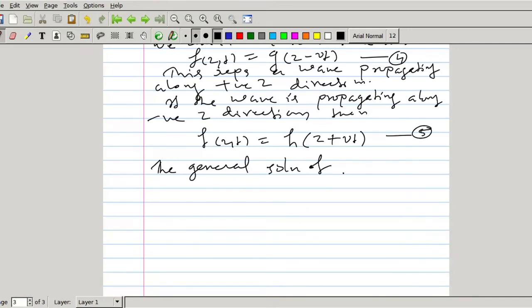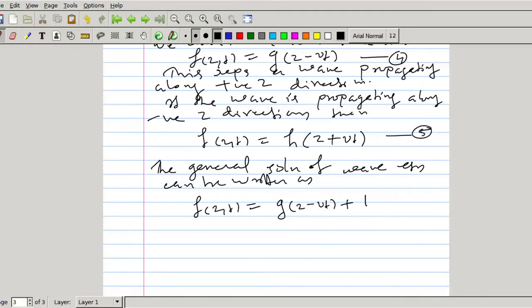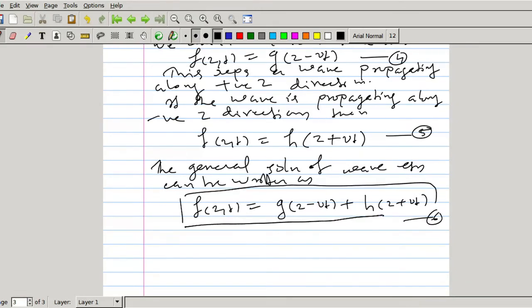So the general solution of a wave equation in one dimension can be written as f(z,t) equal to g(z minus vt) plus h(z plus vt), equation number 6. So equation 6 represents the general solution of the wave equation.